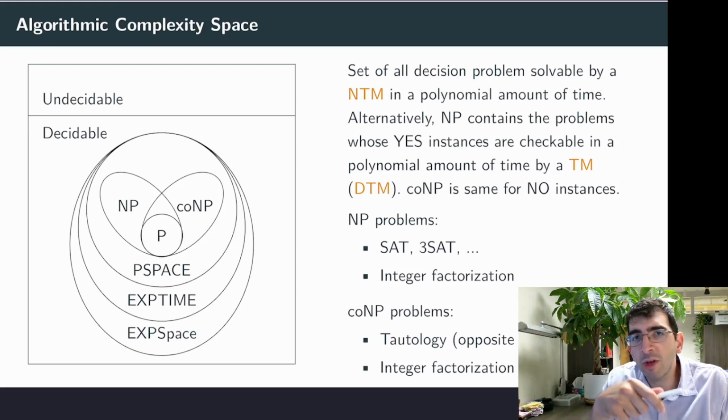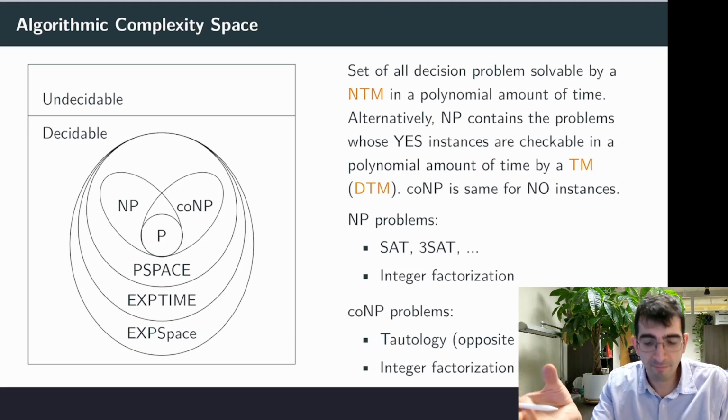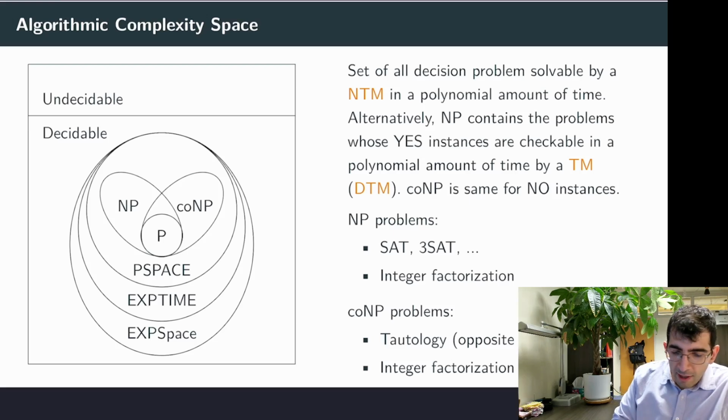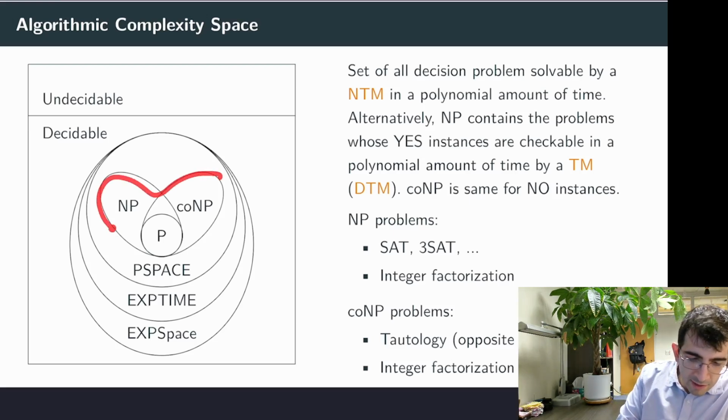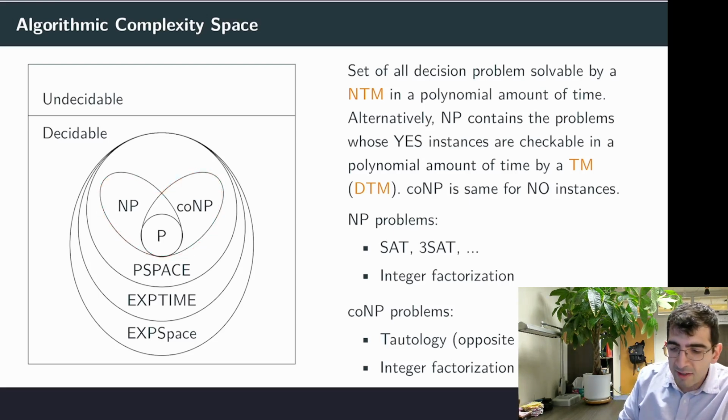But if you get a no instance, where the tautology problem says no, this assignment does evaluate to false sometimes, then you could check that one possible assignment.